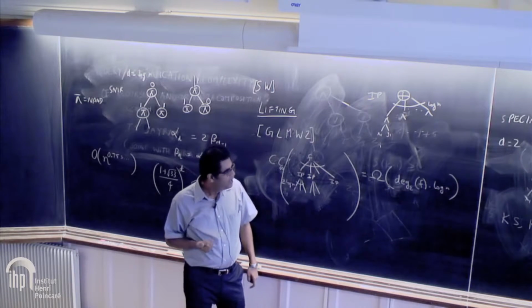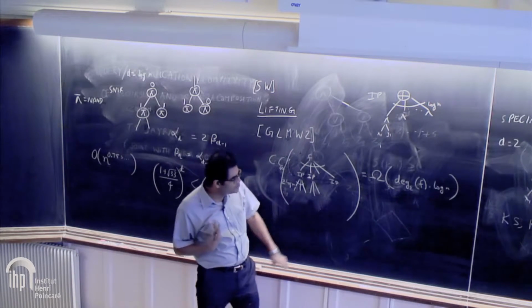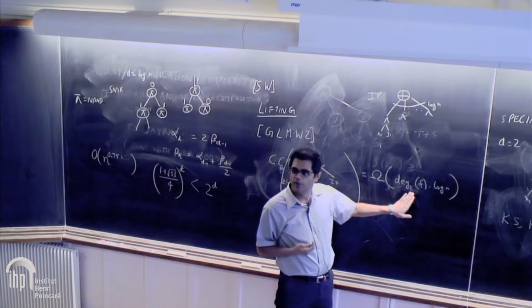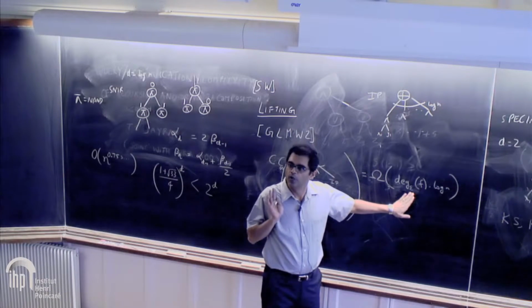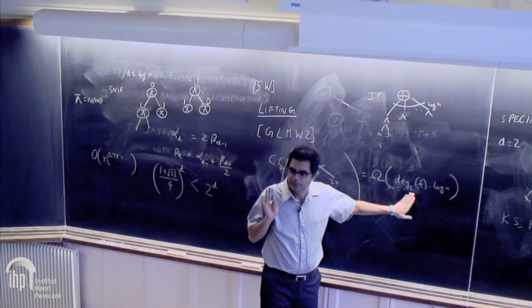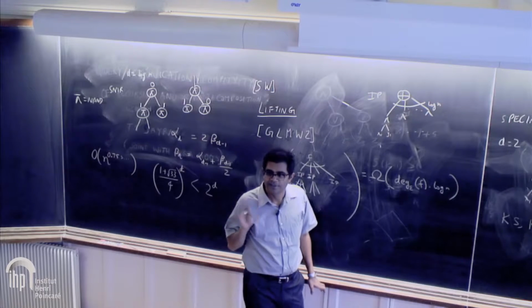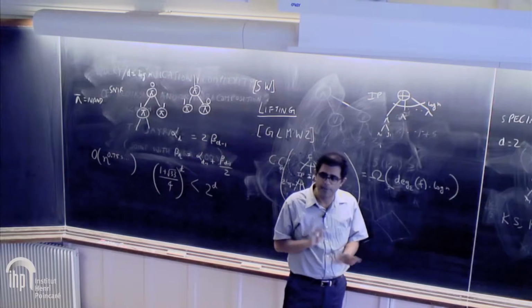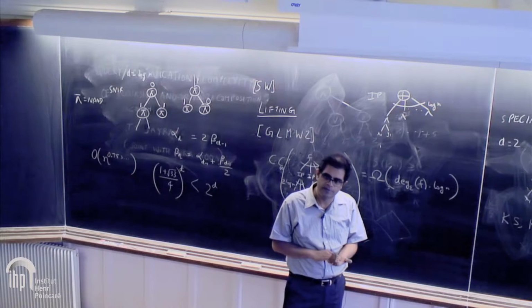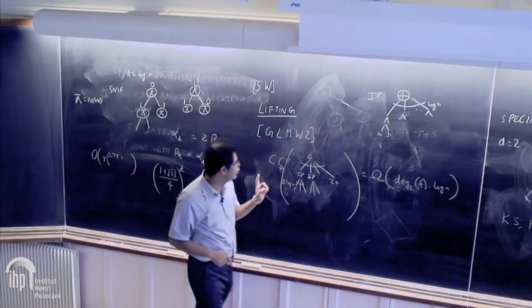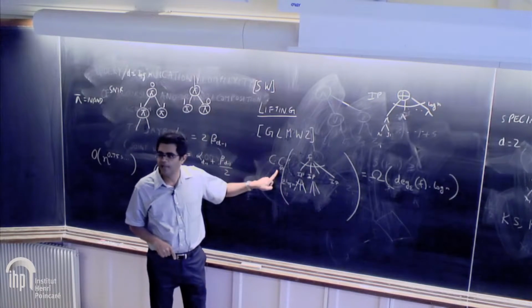And the lower bound we can show is only for very, very small values of epsilon like 1 over n. In this talk, in fact, I'm going to show it for epsilon equals 0. But in the paper we showed only for a very small value of epsilon, which means that I'm only showing it for error 1 over n.